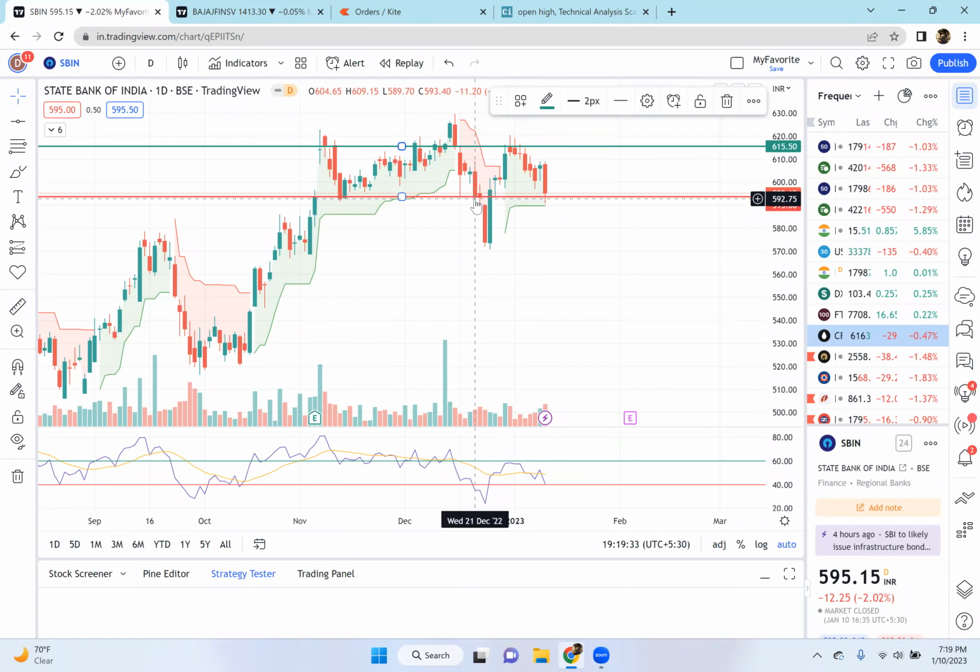Once this is seen, our setup is activated. If it is broken on the downside, we will sell; we will take a short trade. If it is broken on the upside, then we will take a long trade, right?